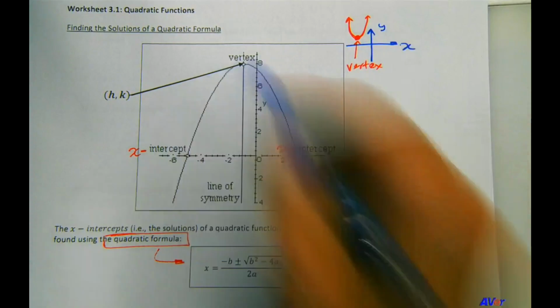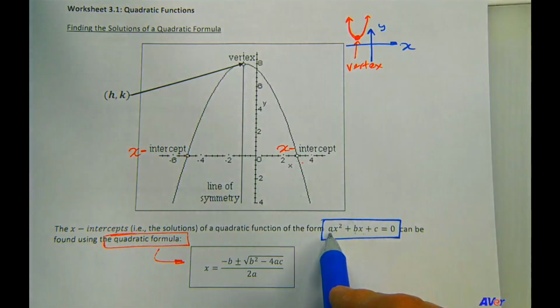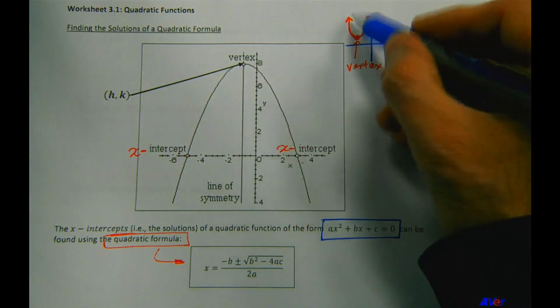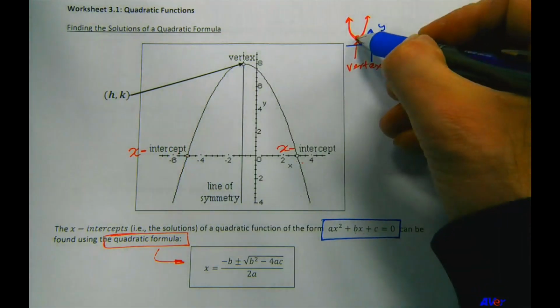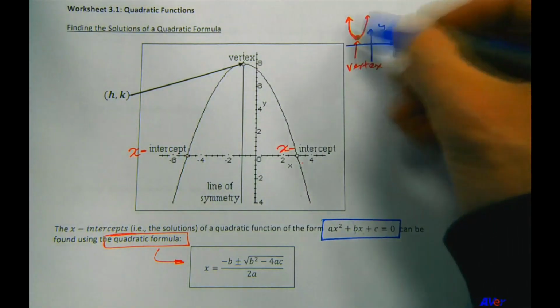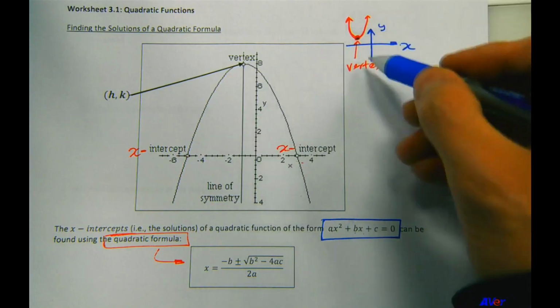How do you know you're going to have a curve like this? That coefficient A must be negative. On the other hand, if that coefficient is positive, anything positive, then you're going to have this kind of curve. In that case, you're going to have a minimum point, because the way the curve looks, you can only have a minimum point, never a maximum.